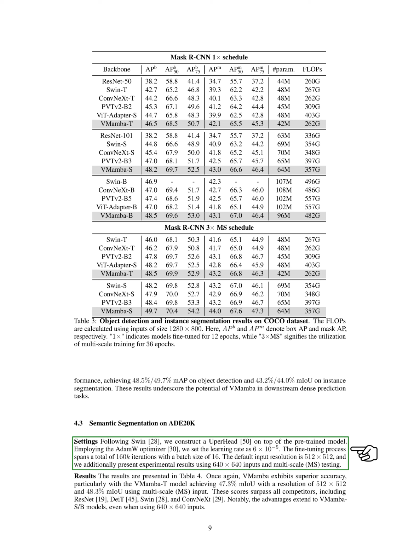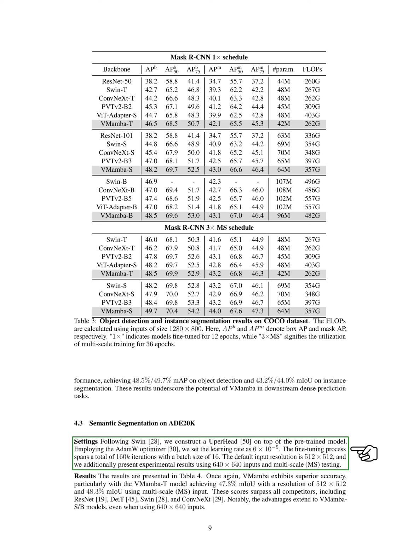The VMamba-T model achieved a mean intersection over union, mIoU, of 47.3% with a resolution of 512 by 512 pixels and 48.3% mIoU with multiscale input. These scores are higher than those of all other models we compared it with, including ResNet, DeiT, Swin, and ConvNeXt. Even the smaller VMamba-S and B models performed well with 640 by 640 pixel inputs.